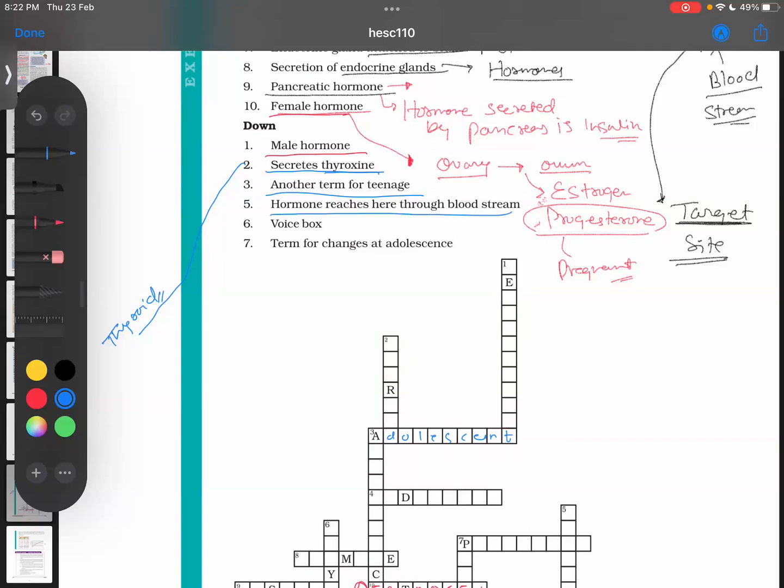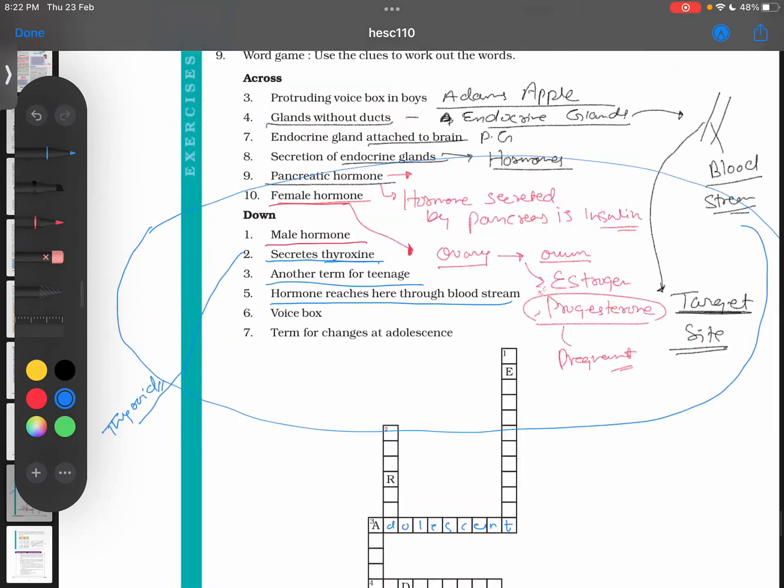Hormone reaches here through bloodstream. I just talked about it. On the screen, you can find the answer. I have written it somewhere. Read the question again. The answer is written on the screen. You just have to find it. Take your time.